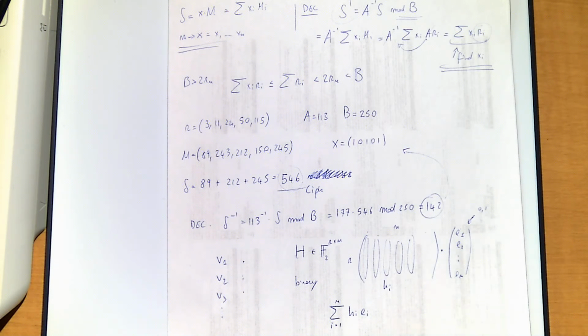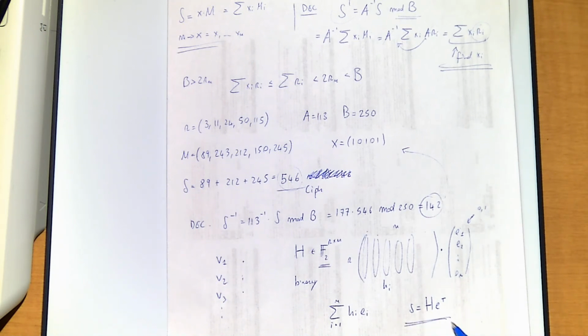And everything works modulo 2, right? Then how can I write this? Well, this is exactly H times E transpose, where E is this vector here, equal to S. Now, if you remember, like 2 lectures ago, we already saw this. What is this? It's exactly the syndrome of the vector E.